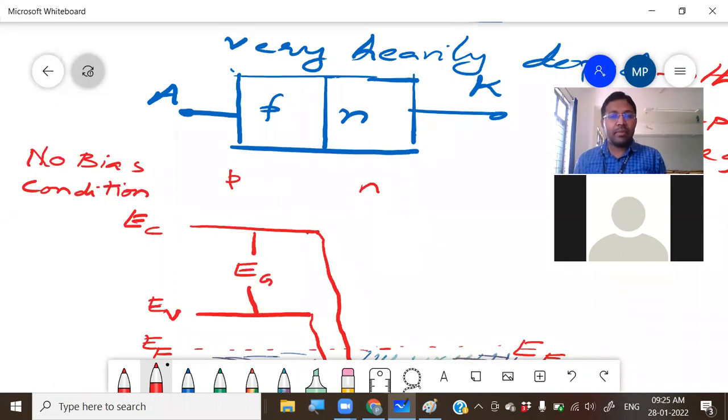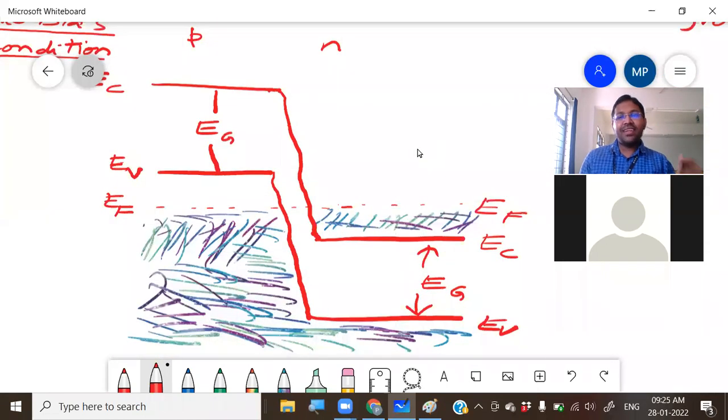We did not give any supply. This energy band diagram, which we are now considering, is for the case of no bias condition, meaning we did not give any voltage. Then the Fermi level is constant. The highest energy level of the electrons is constant. What it indicates is there is no transfer of charge carriers.